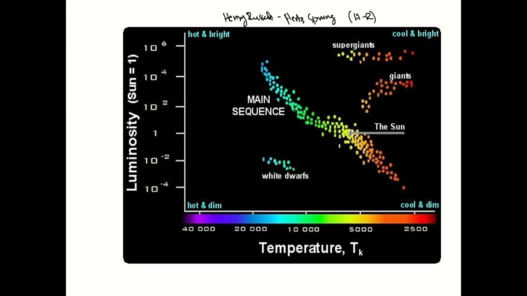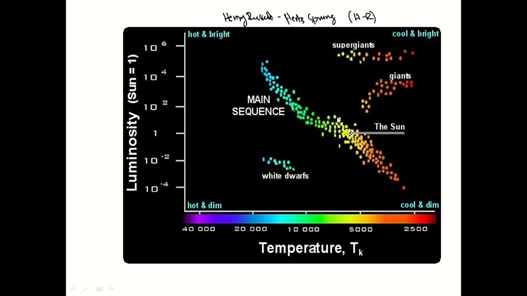Now consider the remaining 10% of the stars which fall into the upper right region, where we can have cool and bright stars, or the left corner region, where we can have hot, low luminous or dim stars.